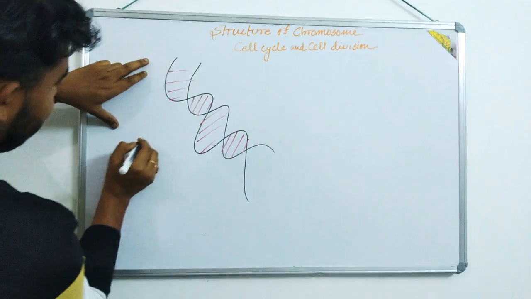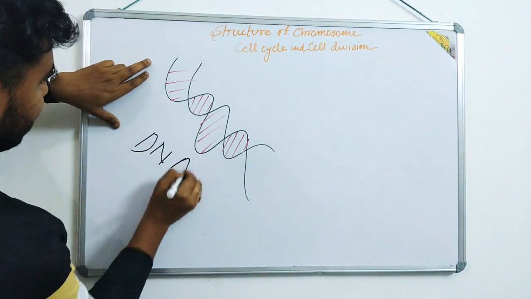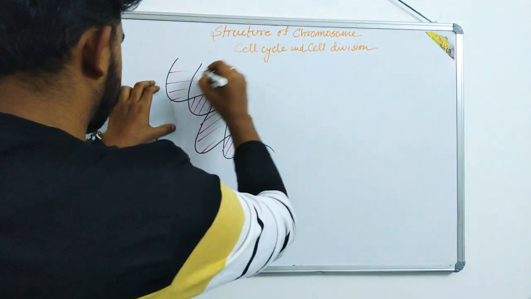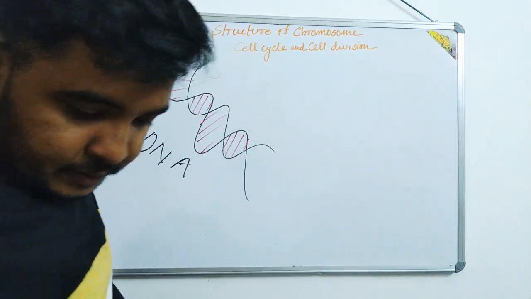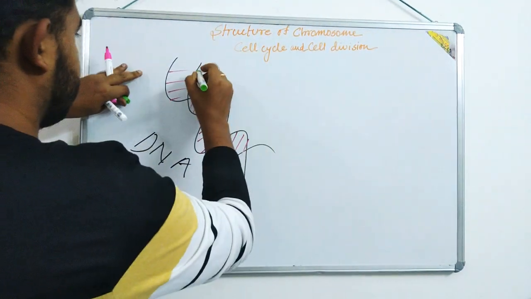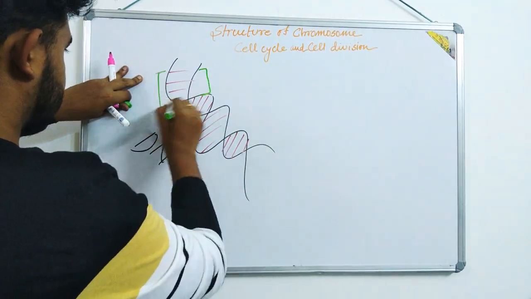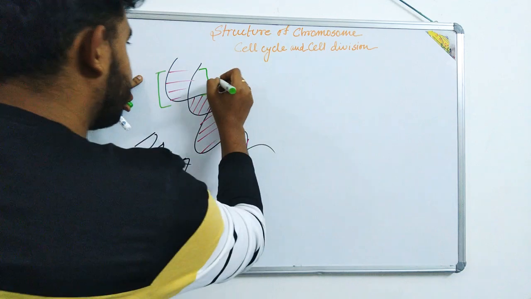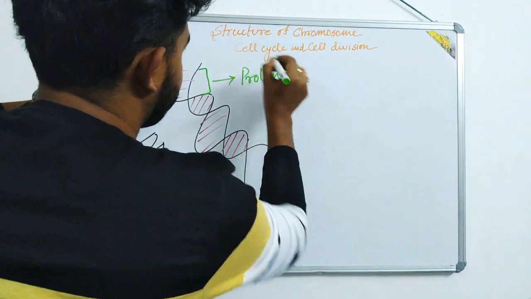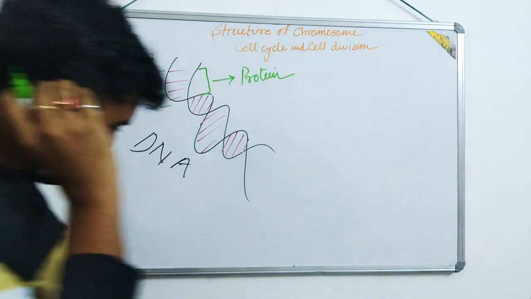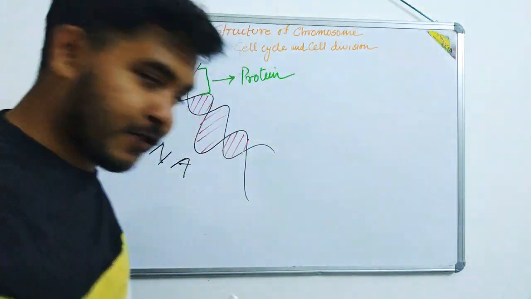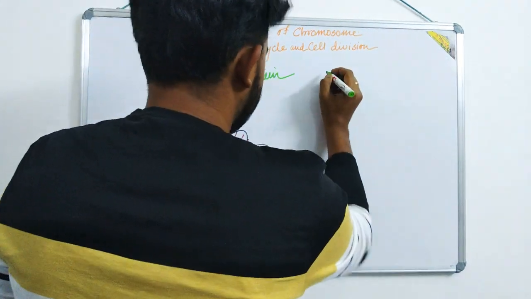The whole thing is called DNA. If you take just one part, let me mark it with another color, this small part can produce some protein. This particular part of a DNA is called a gene. Okay, so what is a gene?